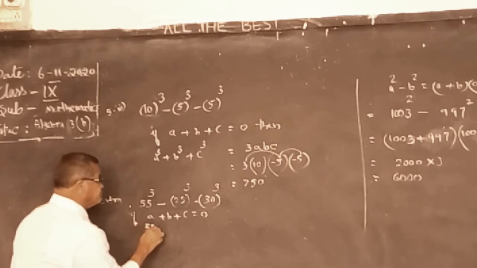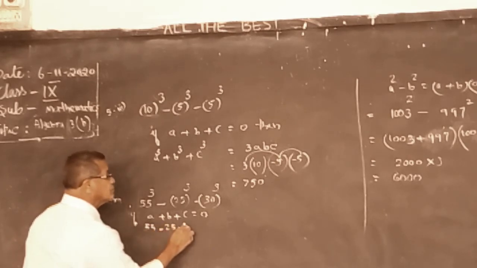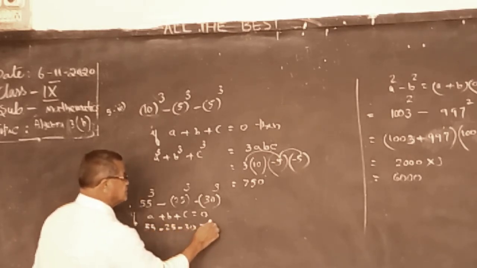So a is 55, b is minus 25, c is minus 30, and the sum of these is 0.